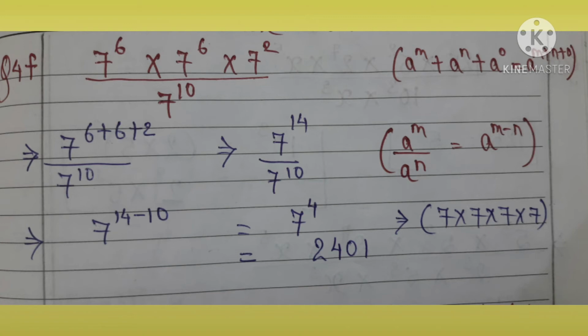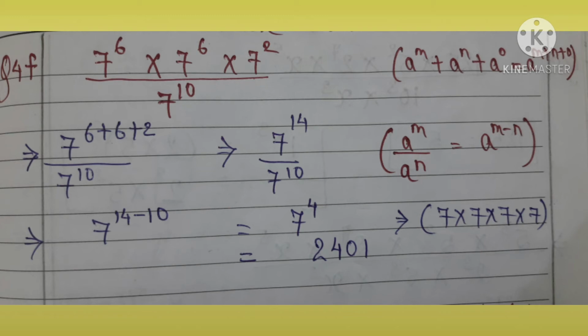So we take the base 7 common, with the powers 6, 6 and 2 being added following the product rule, which becomes 7^14 divided by 7^10. Now here we apply the second law, that is the quotient law, in which same bases and different powers in division lead to the subtraction of powers.